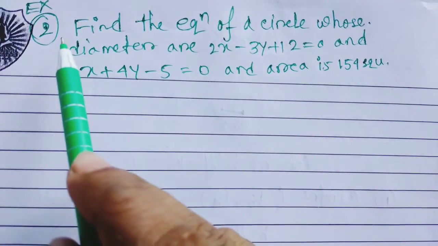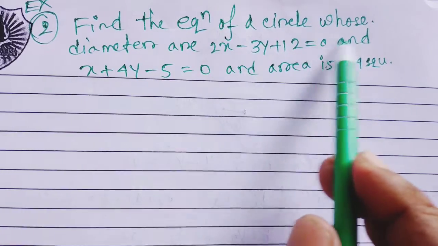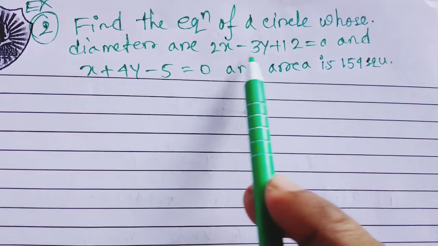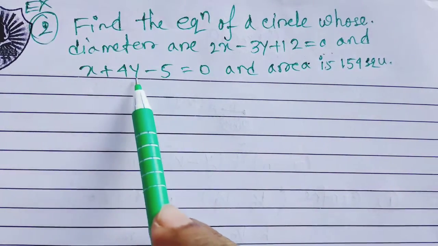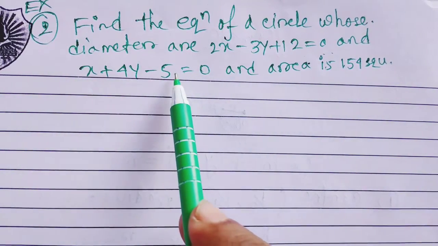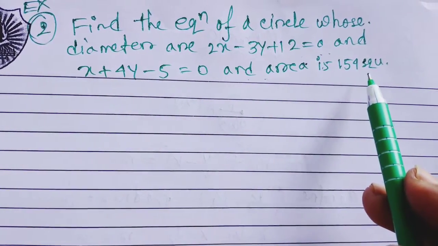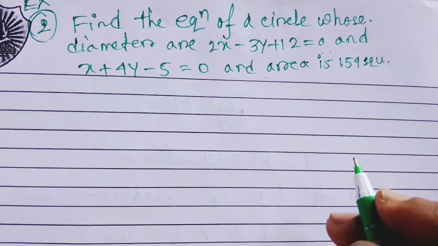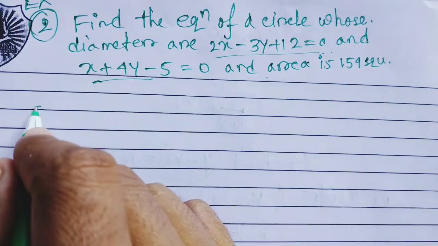Now try to solve example number 2. Find the equation of a circle whose diameters are 2x minus 3y plus 12 equal to 0 and x plus 4y minus 5 equal to 0, and area is 154 square centimeter. So these two are diameters of a circle.